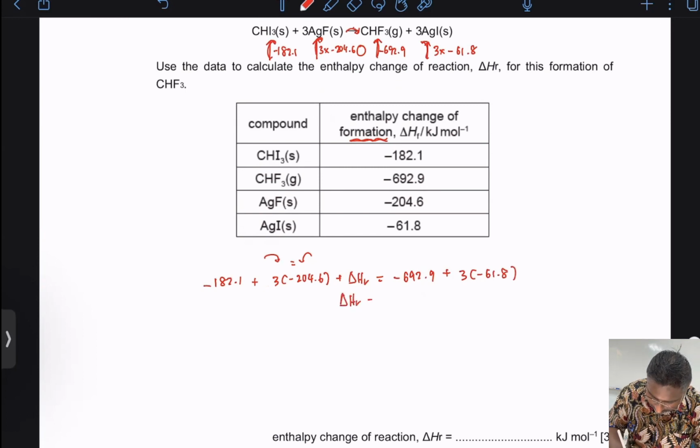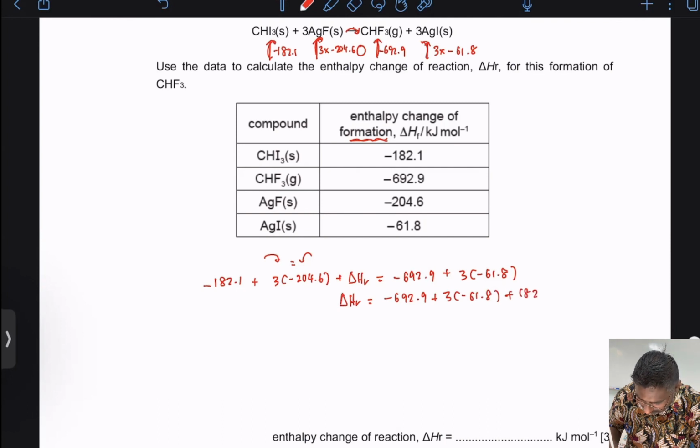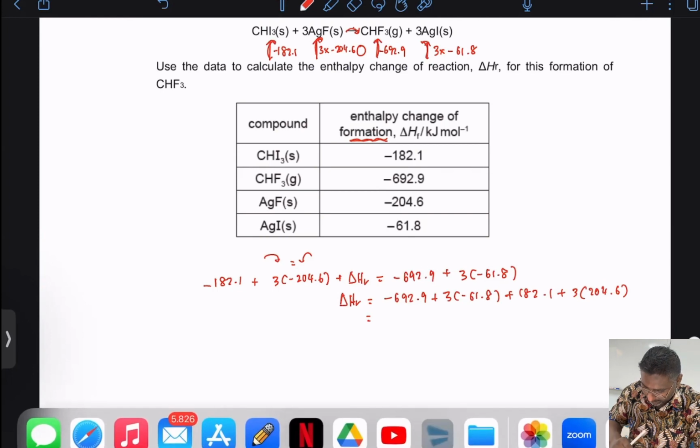Enthalpy of reaction is plus 182.1 plus 3 times 204.6. So you just need to calculate that.